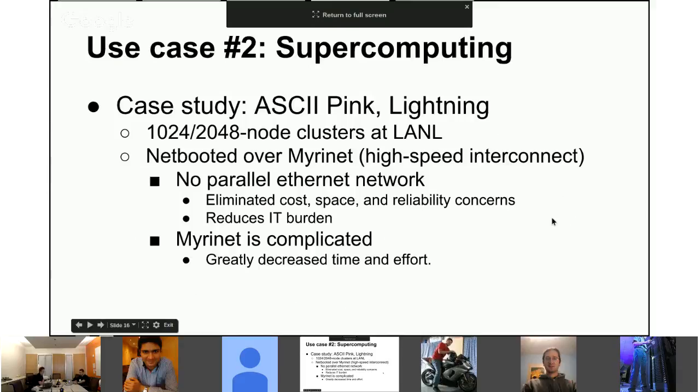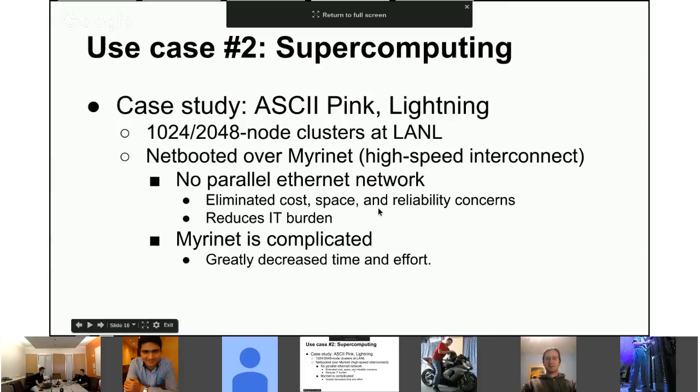And what they were able to do is, by using Linux, they could load Linux with the Myrinet driver and then load a phase 2 Linux kernel over Myrinet, so they didn't have to have a whole parallel Ethernet network set up alongside their super fancy, expensive high-speed interconnect.